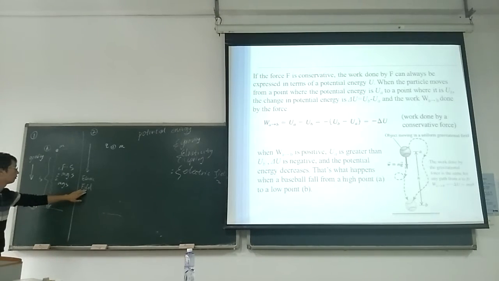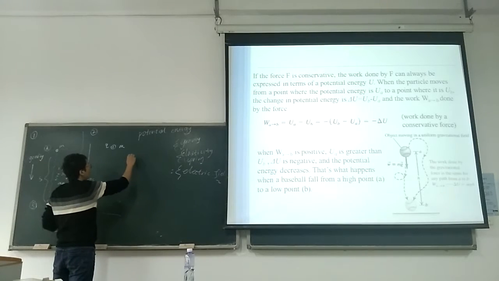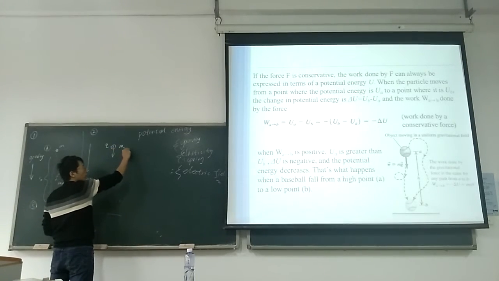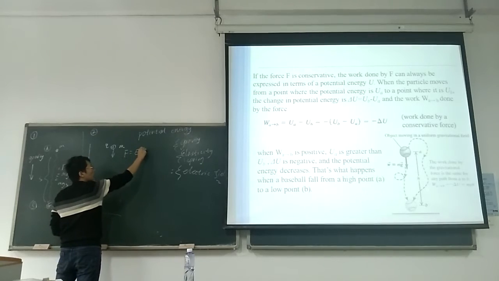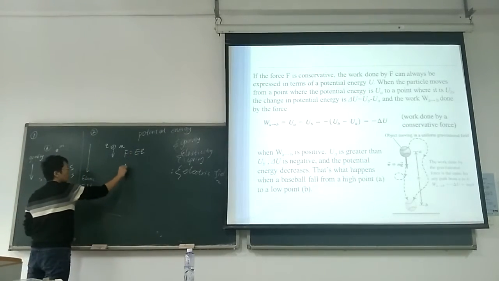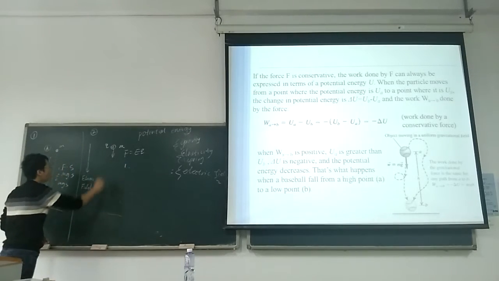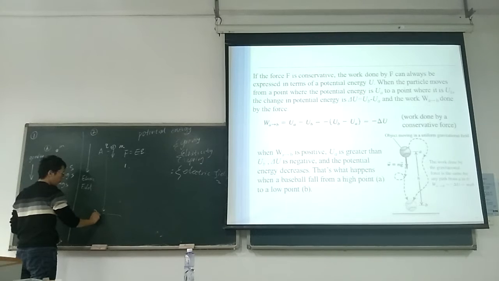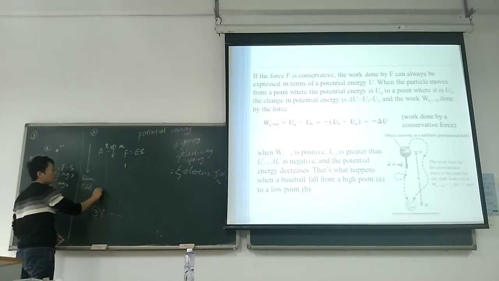Then, for the electric field, how much is the force on the q? Force because of EQ, right? EQ. Then, question number one: how much is the work done by the electric field from point A to point B?